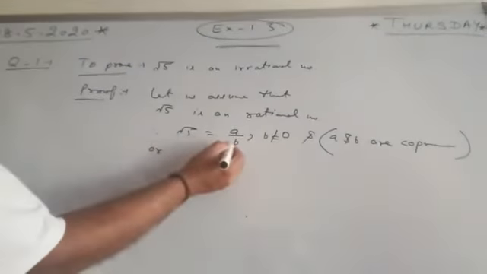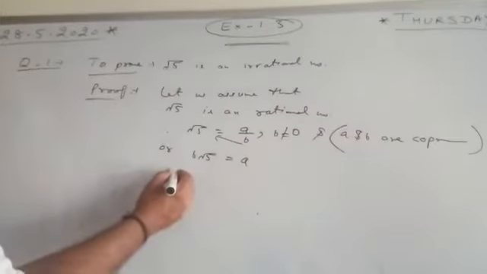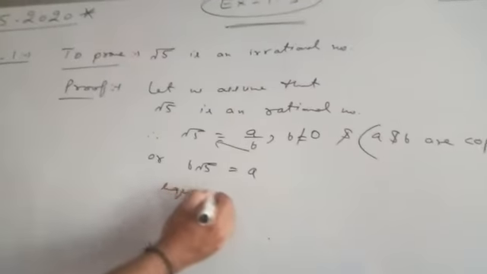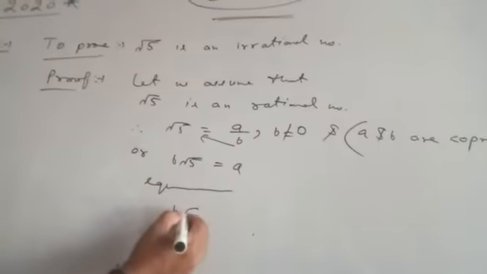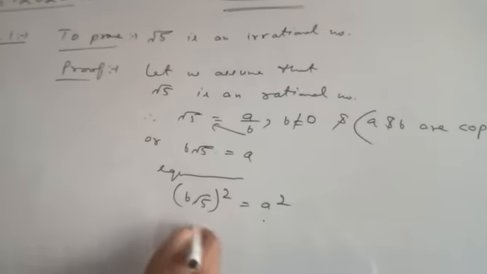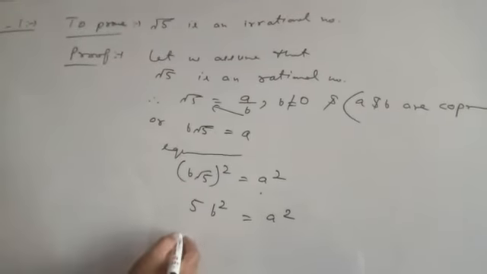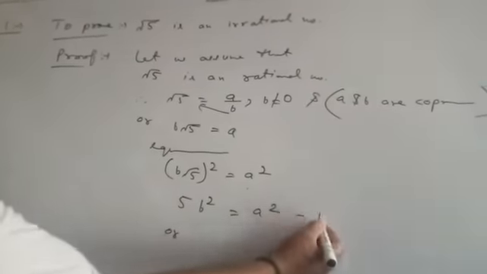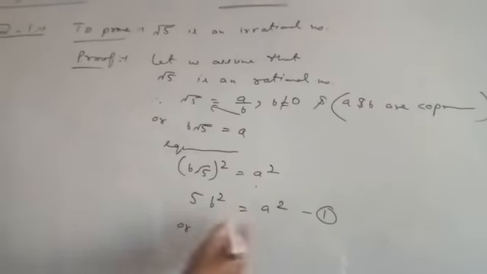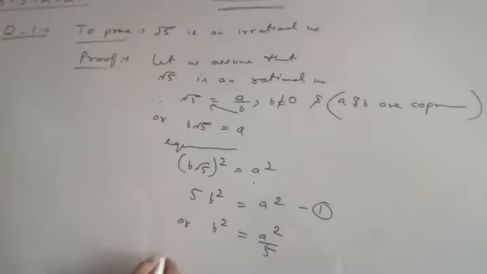Or you can write b root 5 equal to a. Squaring on both sides, b root 5 square equal to a square, 5b square equal to a square. Mention this one as 1. 5 you will take on that side, a square by 5.